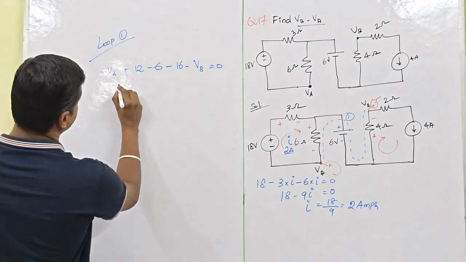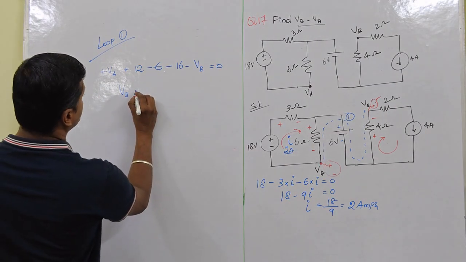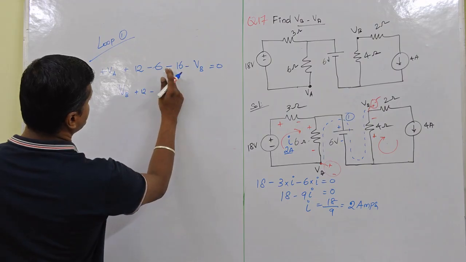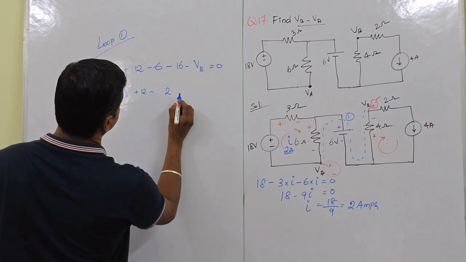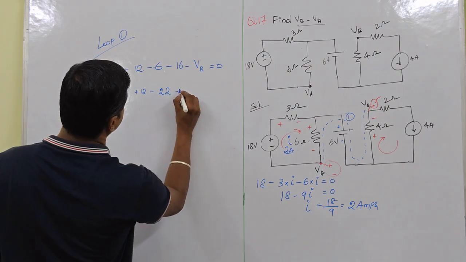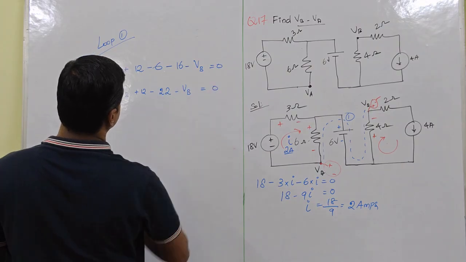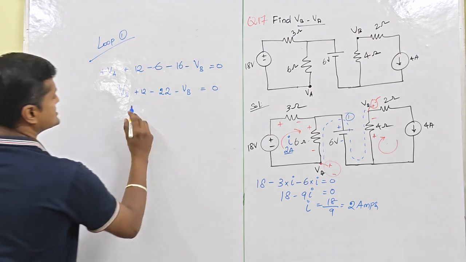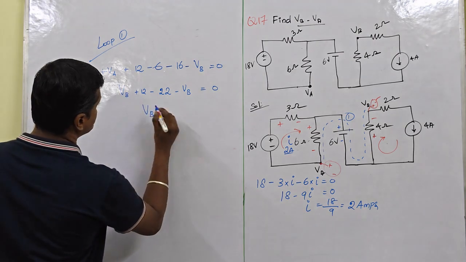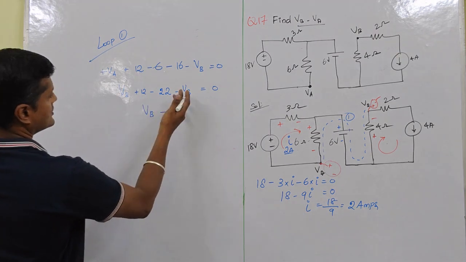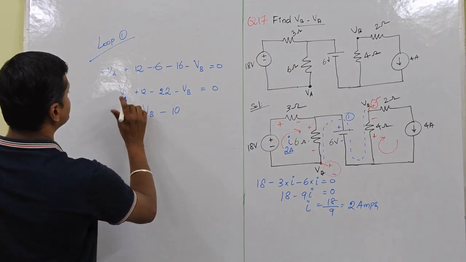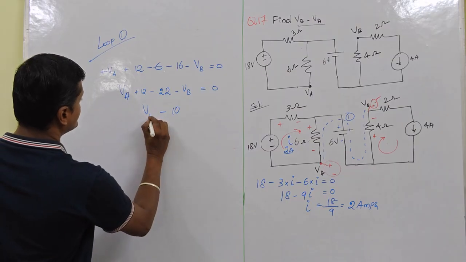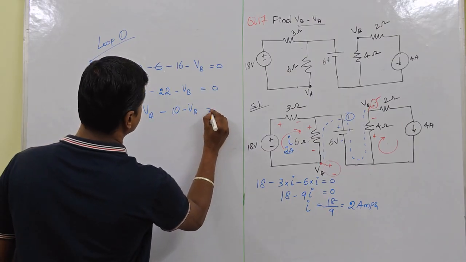So now VB: plus 12 minus 16 plus 6, that is 22 minus VB equal to 0. So VA minus VB equal to 0.